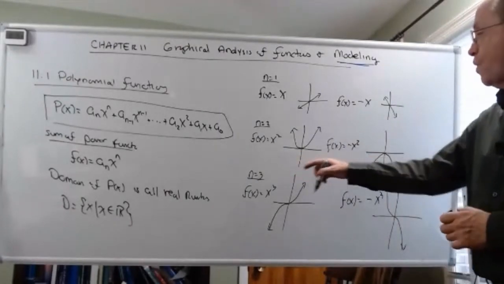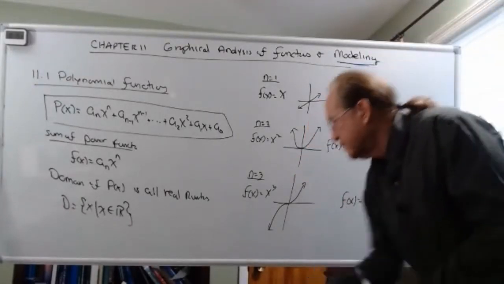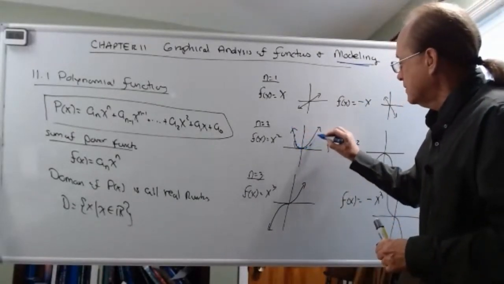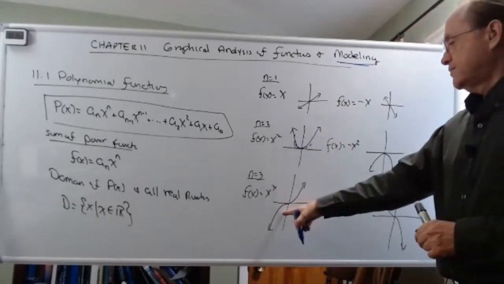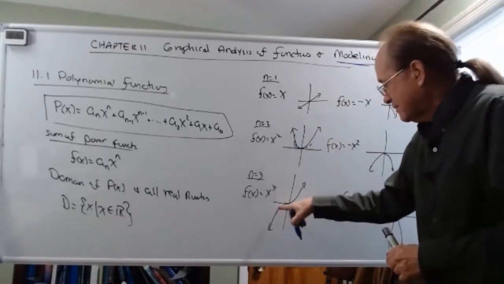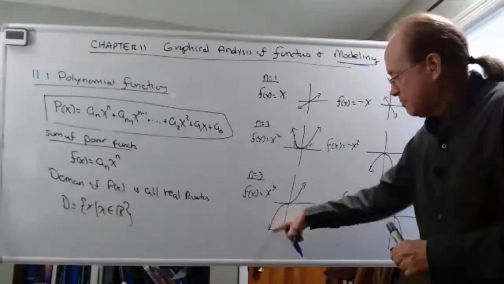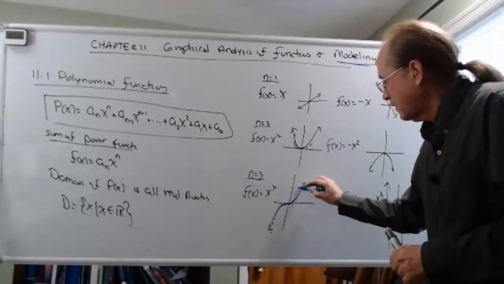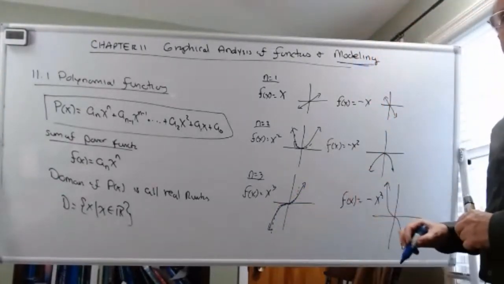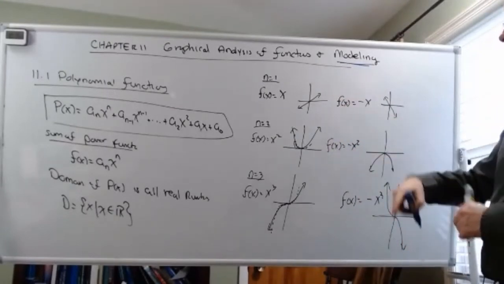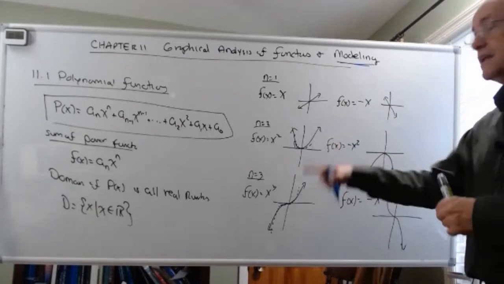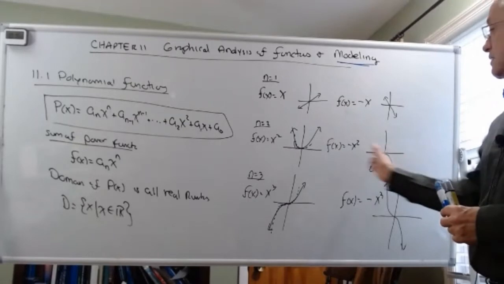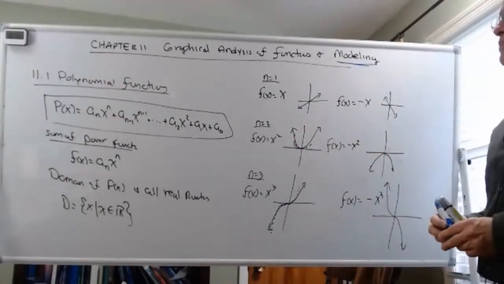Now if I go n is equal to 4, it would look very similar to this, but a little more flat at the bottom over here. N is equal to 5, very similar to this, but it squeezes more to the axis over here. Rises more rapidly here and shrinks more rapidly here. So it kind of does this over here, if n is equal to 5. But it keeps the same general shape. And 6, more like this, 7, more like that. A plus and minus will do the same sort of thing. And you can see the domain is all real numbers. I don't have any problems with real numbers.